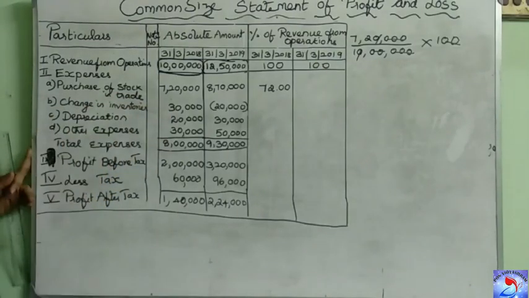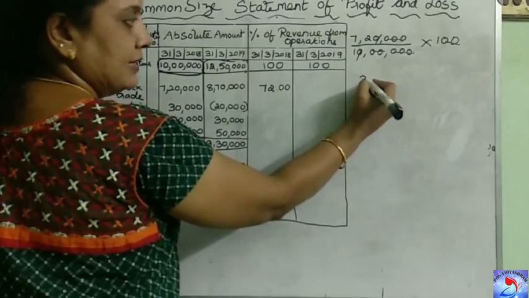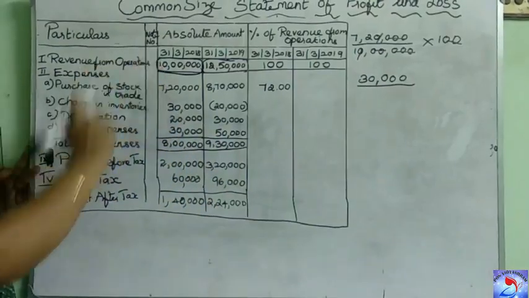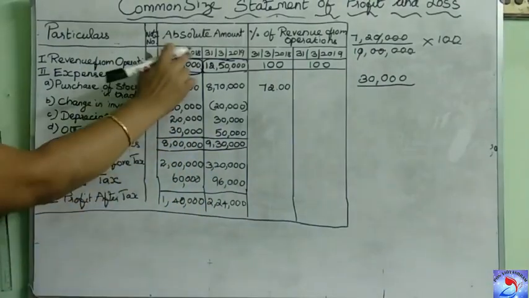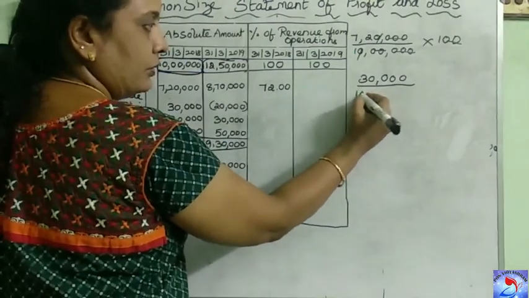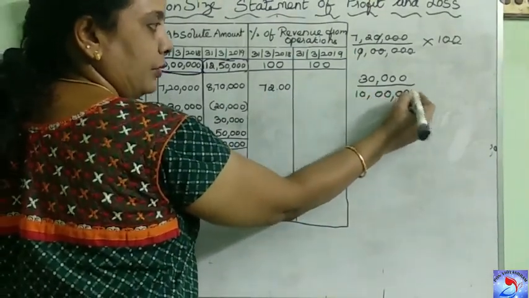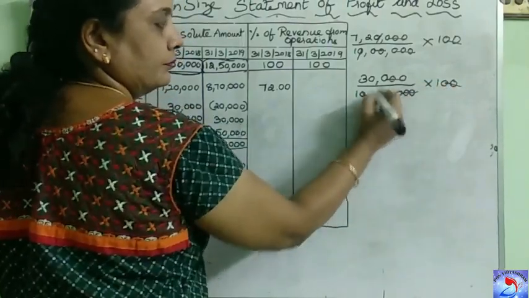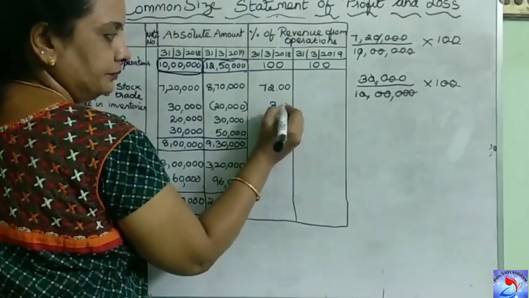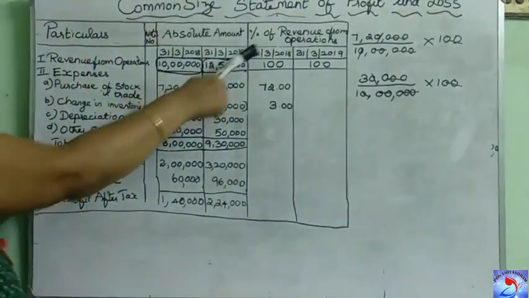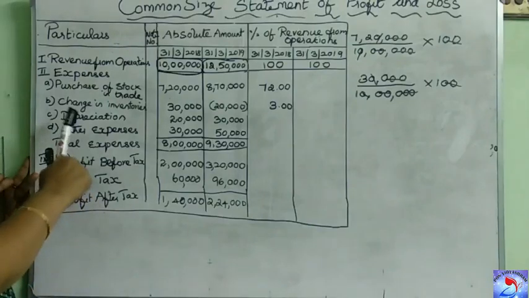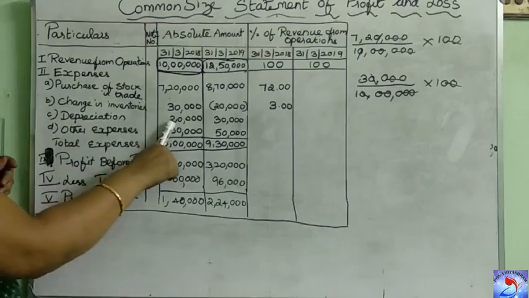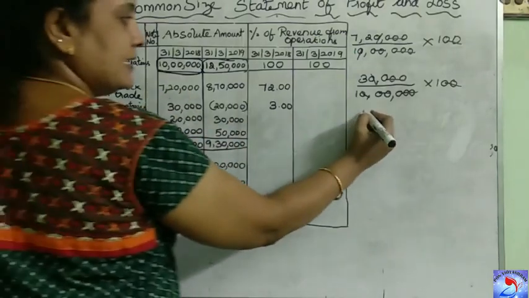Now change in inventories is 30,000. What has to be taken as the base? Again take revenue from operation for 2018 as the base. 30,000 divided by 10 lakh into 100 comes to 3. Now depreciation: 20,000 for 2018 is given.